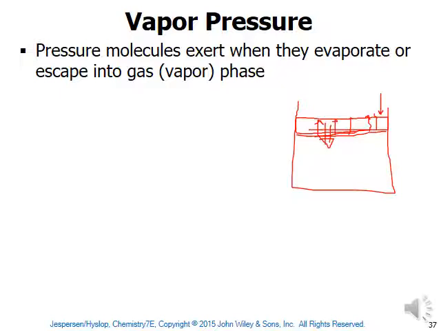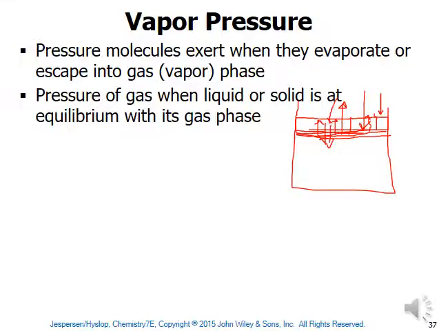That vapor pressure is pushing down on the top of the liquid, and it's helping keep the water molecules from escaping. Some gas molecules are escaping, but because of gravity, they're pulled down, pushing on the top surface, and so they're having a pressure onto the surface.